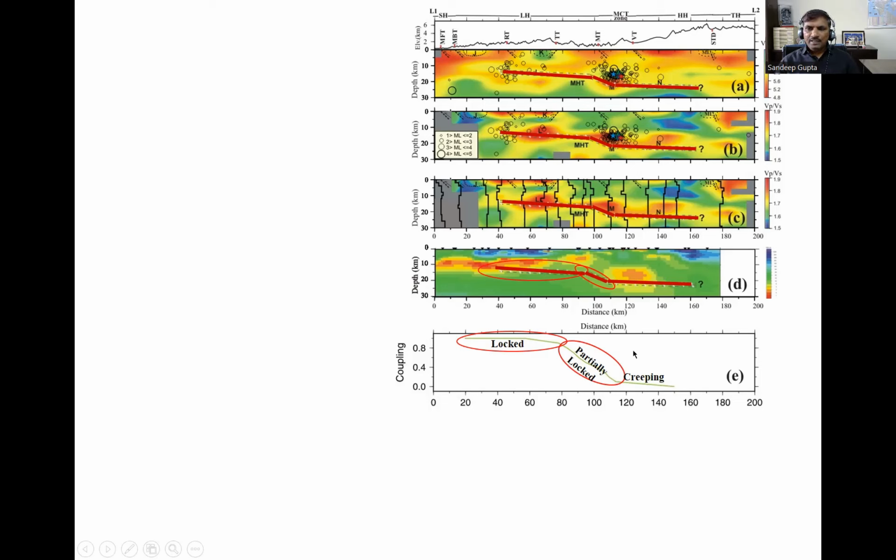So we combine this information with the argon-argon thermochronology as well as inverted thermal gradient, and find that the locked to creep rheology transition is of a width of around 10 kilometer, which very well correlates with the inferred width of the ramp from this study.